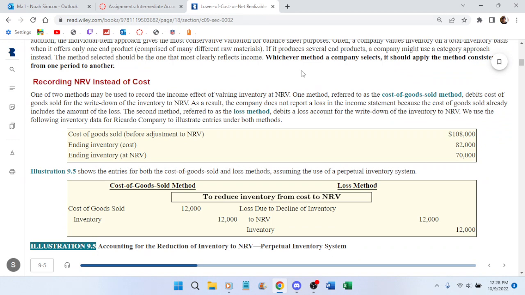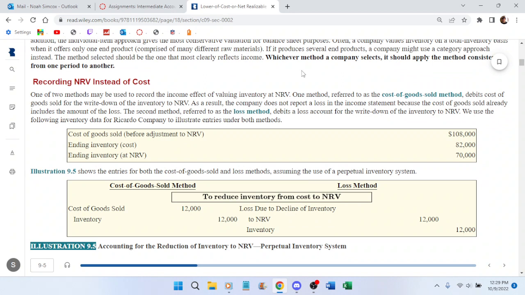So what you do here, folks, is you write an entry for cost of goods sold. What you do is directly reduce cost of goods sold.